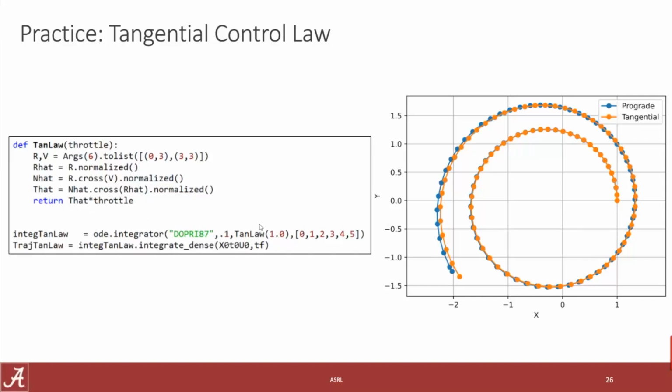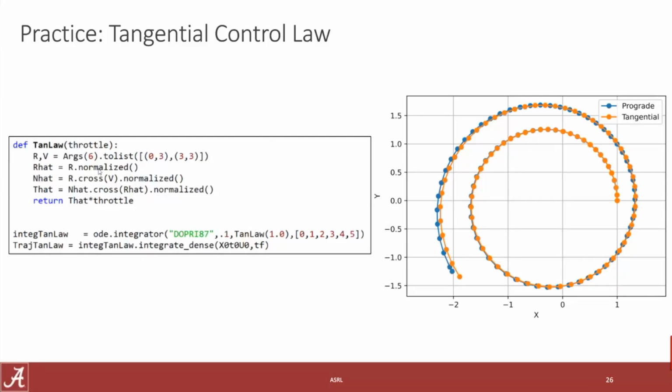So in this case, we are passing in throttle of 1.0 and instantiated the problem previously with mu equal to 1.0 and ran it out. You can see from this example that we plotted here that the prograde and the tangential burn are pretty similar to each other, although we're not really trying to quantify the change of those, but more just the practice of instantiating different control laws.